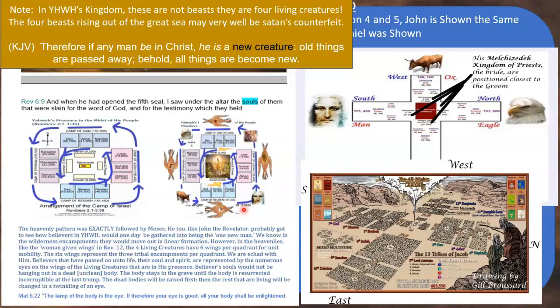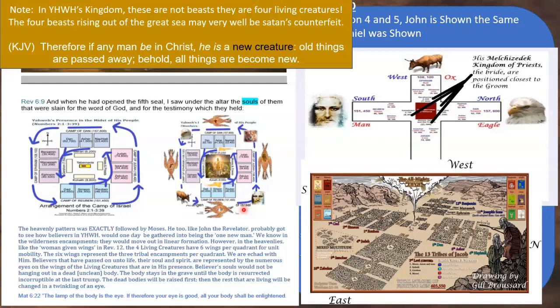And honestly, guys, a lot of this came together with me studying and preparing for Daniel chapter 7. Today, I made that connection about how Satan's beast and beast kingdoms are counterfeiting Yahweh's kingdom.